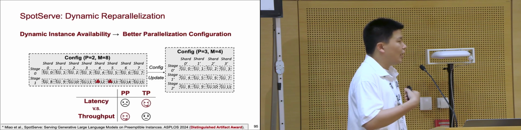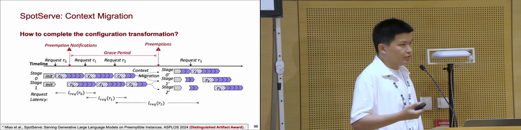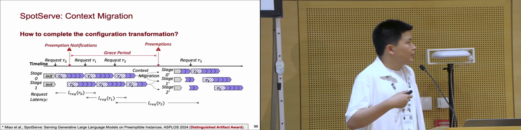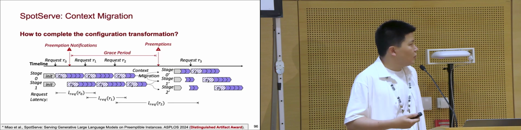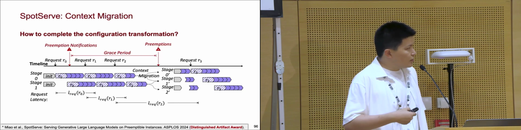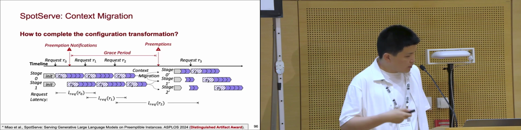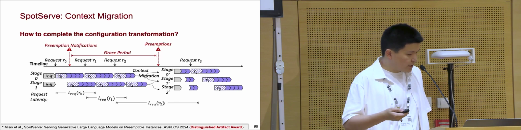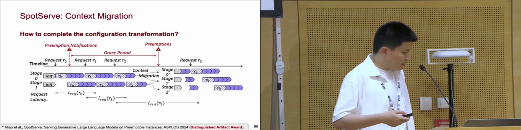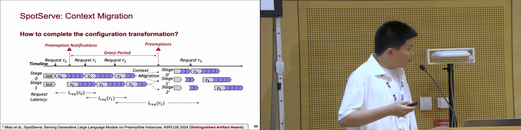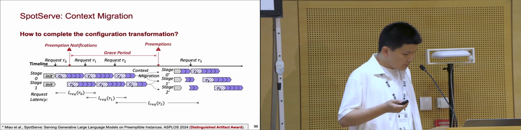We know that people have already developed several distributed serving systems to parallelize language models. But when a preemption happens, what we need is to adapt to the new instance availability and adjust the parallel configuration based on the currently available instances to achieve better parallelization performance.